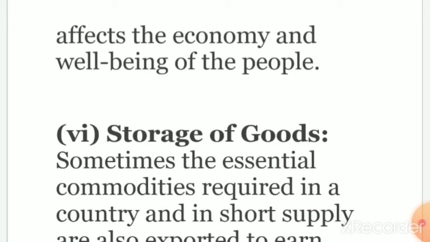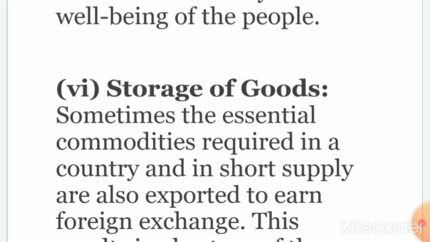Next, the sixth point of disadvantages of international trade is the storage of goods. In recent years, it has been seen that essential commodities are stored by MNCs and big firms through international trade. In that situation, the domestic economy will have a shortfall of commodities.